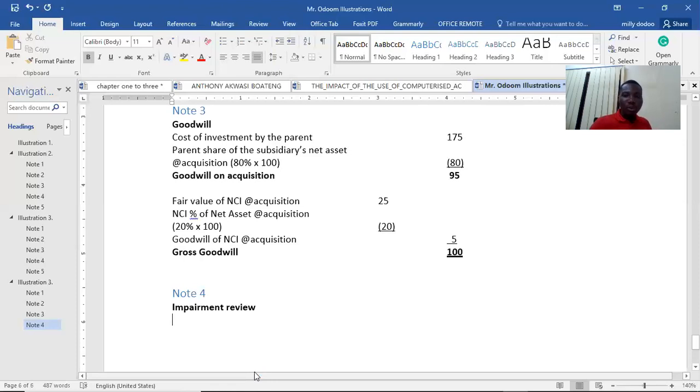And then we also need what you call the recoverable amount or the recoverable value. If today we are to salvage this business, how much can we sell the business for? It is different from when we are selling it willingly. But if today, let's say we are closing down the business, how much can we salvage the business for?